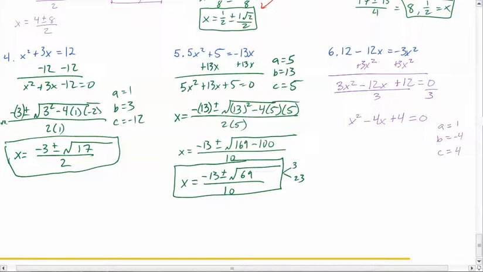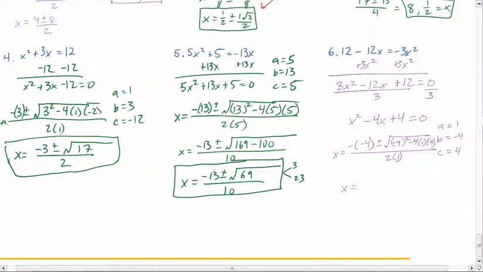The nice thing about this is I now have smaller numbers to work with. So x equals negative b plus or minus the square root of b squared minus 4 times a times c, all over 2a. I'm just taking these numbers and plugging them into the quadratic formula, which we did in the first problem.